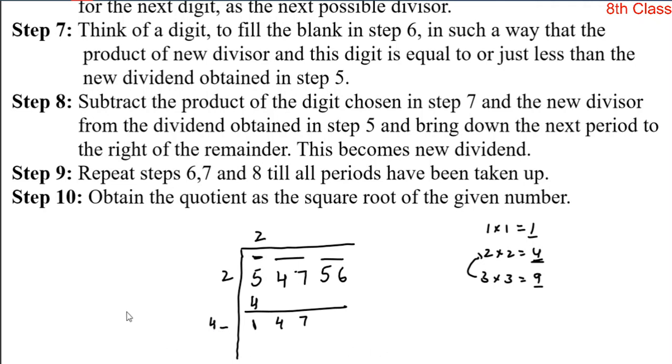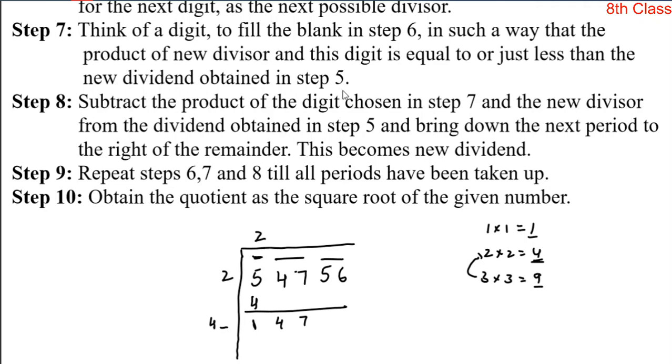Next, step 7. Think of a digit to fill the blank in step 6. Now you fill this blank in such a way that the product of the new divisor and this digit is equal to or just less than the new dividend obtained in step 5.